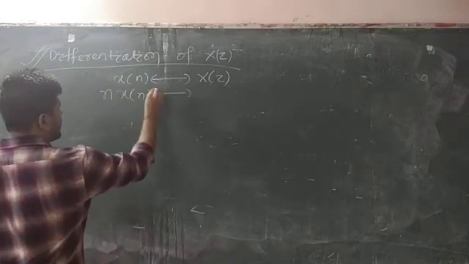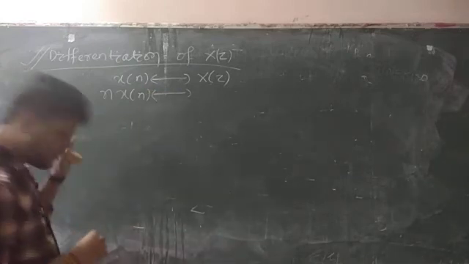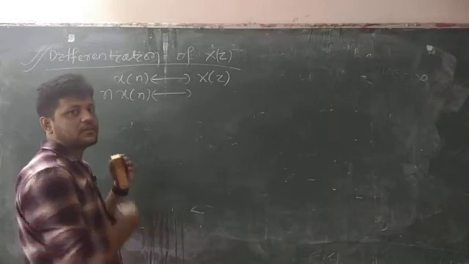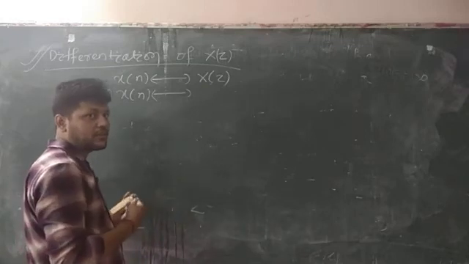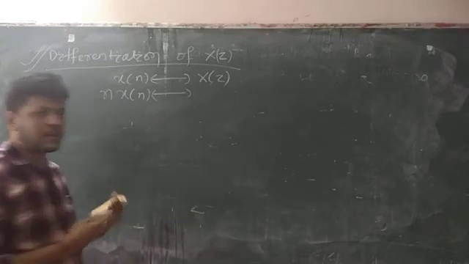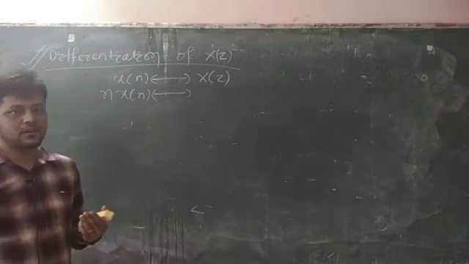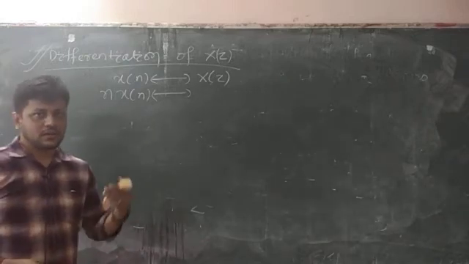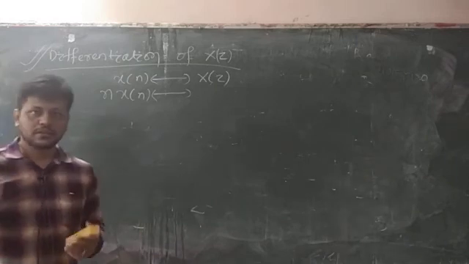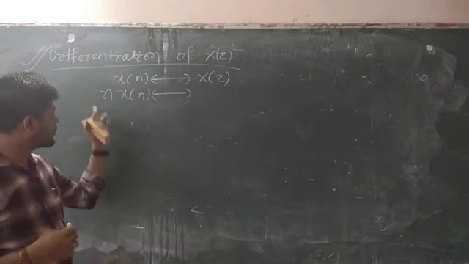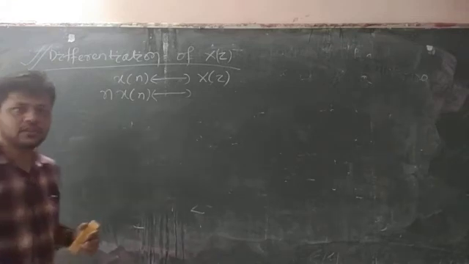So multiplication of time in the time domain leads to differentiation in the z domain. So always remember like this: time domain reversal means replacement of z with z inverse. Time domain shifting means exponential multiplication in the z domain. Time domain multiplication with n means differentiation in the z domain.